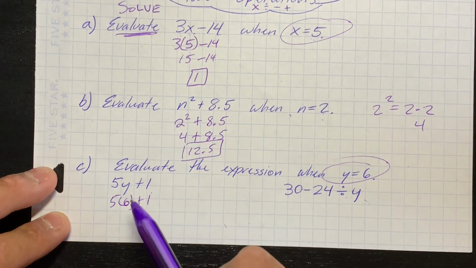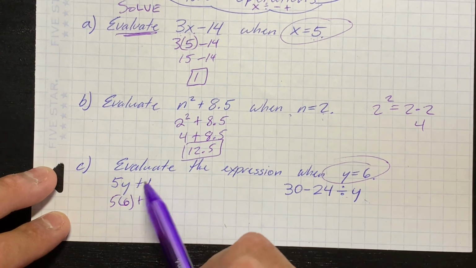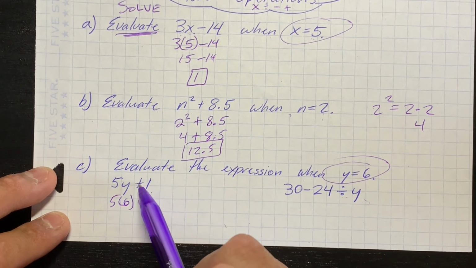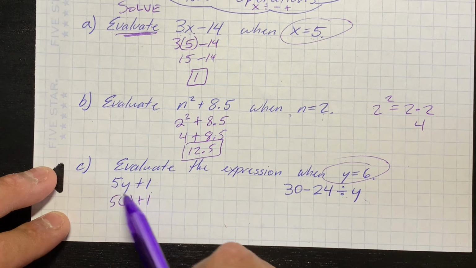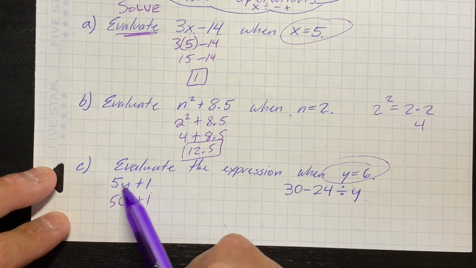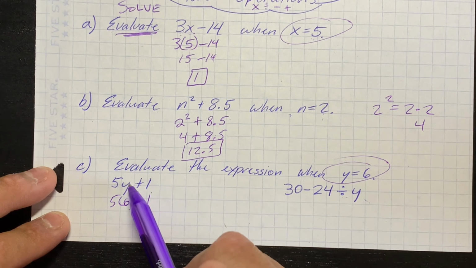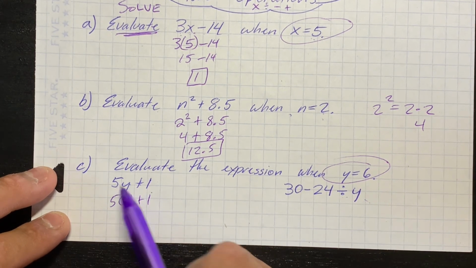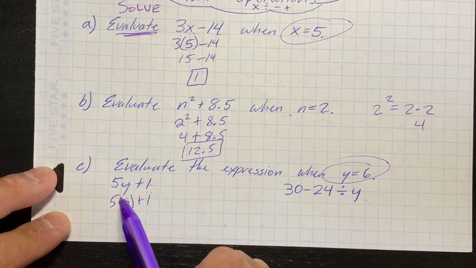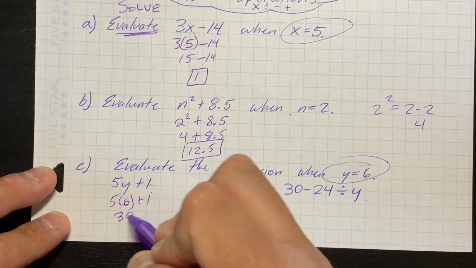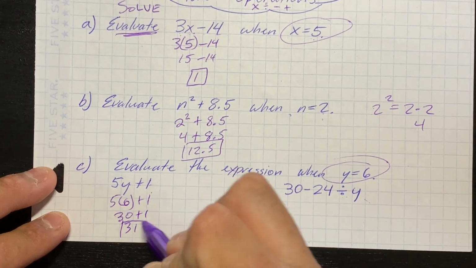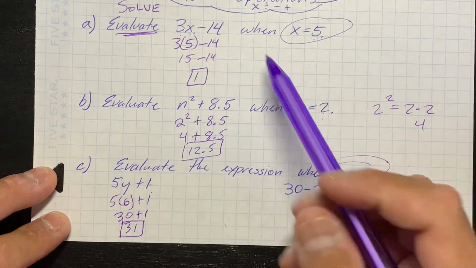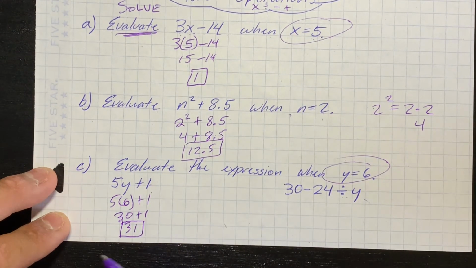We're going to rewrite that. So the expression 5y plus 1, you have two terms separated by the addition symbol. 5y is one term. 1 is one term. 5y, y is your variable, 5 is your coefficient, and 1 is your constant. Now 5 times 6 is going to be 30, plus 1 is going to be 31. Boom. Again, you use two operations. We multiplied and added here.